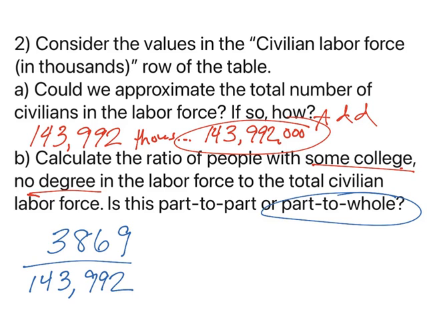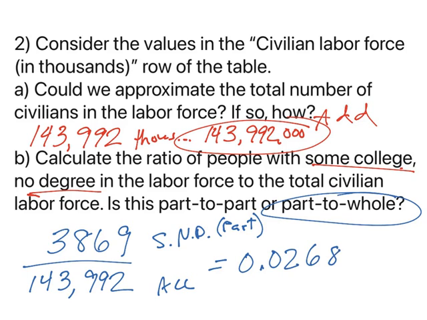This is part to whole because this top one, we're talking about some college, no degree, which is part of the labor force, to all of the labor force. And therefore, we could change that to a decimal by dividing and get 0.02686, which is roughly 2.7%.